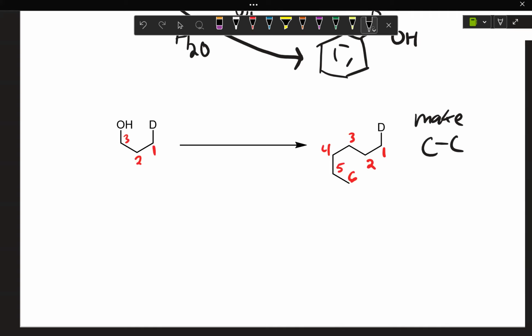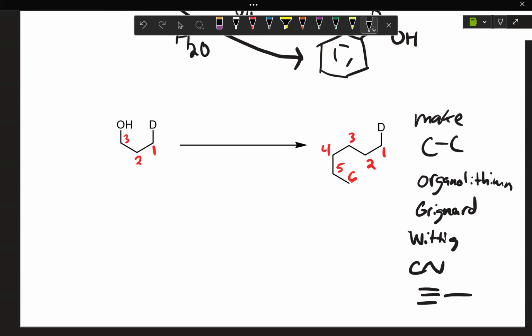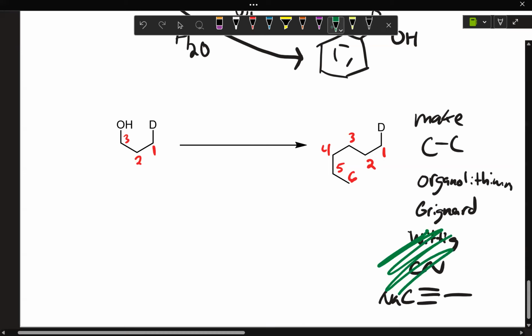And so far for this test, the reactions we've learned that make carbon-carbon bonds are like organolithium, Grignard. We've also learned the Wittig, and using like a nitrile group or using an alkyne also, but we can kind of throw out these three because a Wittig is going to create an alkene.